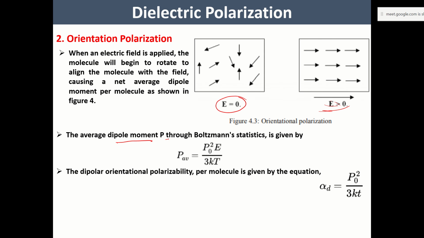This arrangement that happens can be given by Boltzmann statistics.